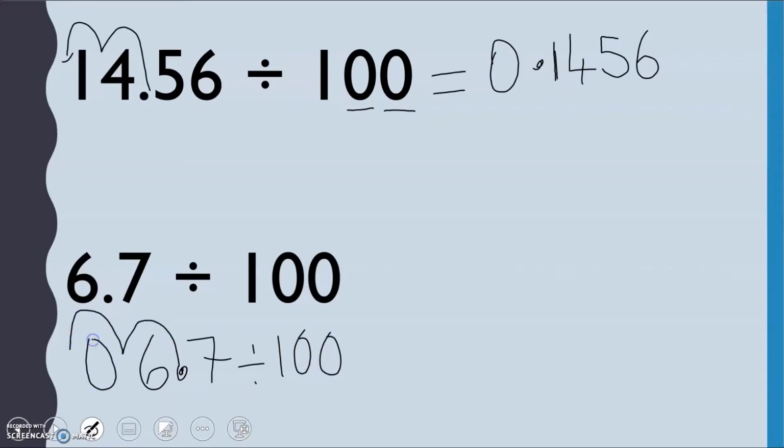So really I need to put a 0 in front of that 6. The decimal point has moved 2 places, so that's then going to be 0.067 for our answer there. And do we see that decimal place has moved 1, 2 to be at the front there.